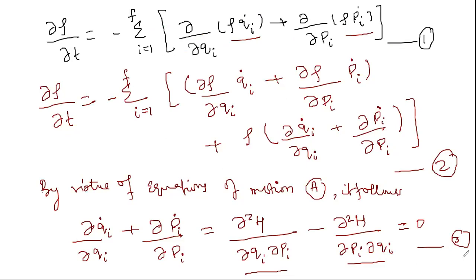Then we used this equation 3 in 2. When we do that, this term in the sum becomes 0, right? So let me write.